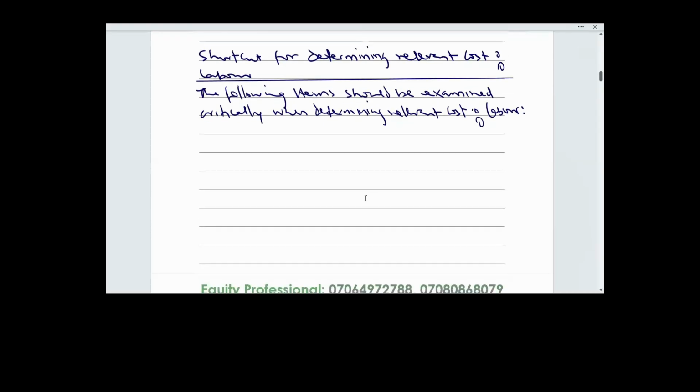Number one, spare capacity. Then two, full capacity.